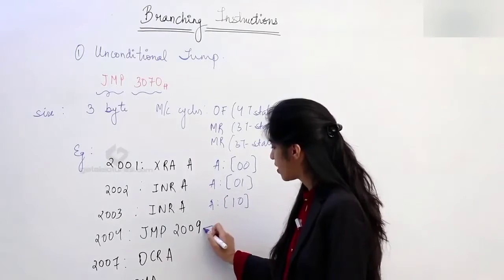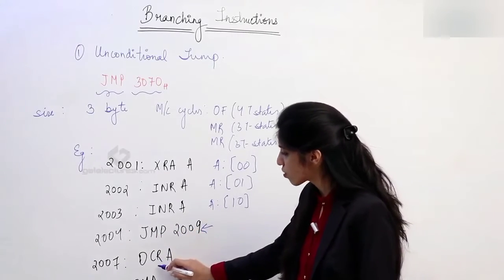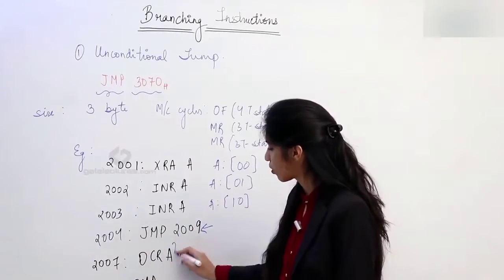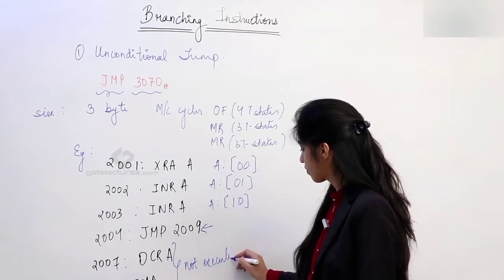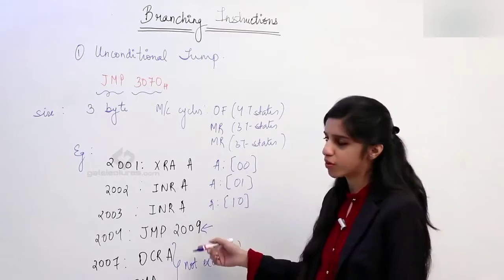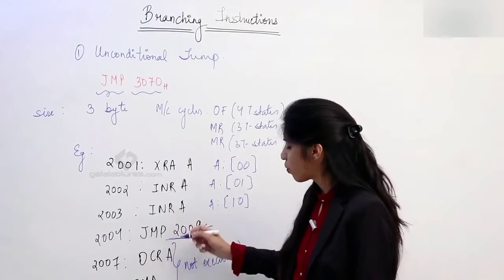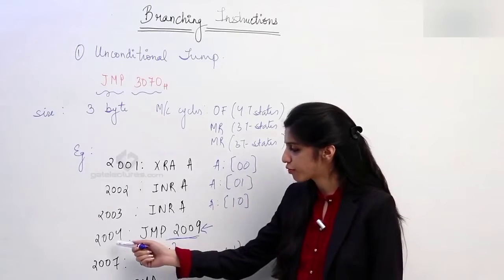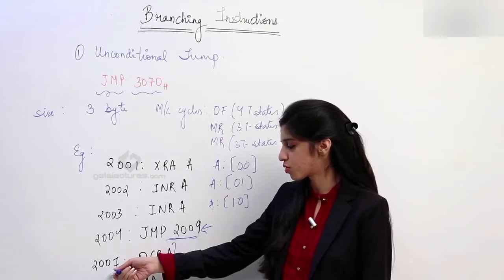Now when we reach this jump instruction, 2007 and 2008 are not going to be executed. The program counter is simply overwritten with this value. Actually, after execution of the instruction at 2004, we had to go to the next memory location, which was 2007.